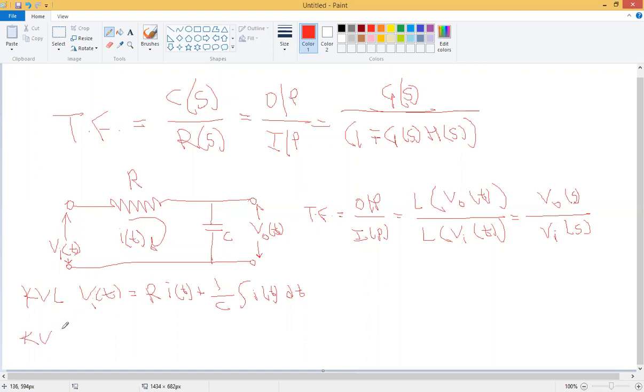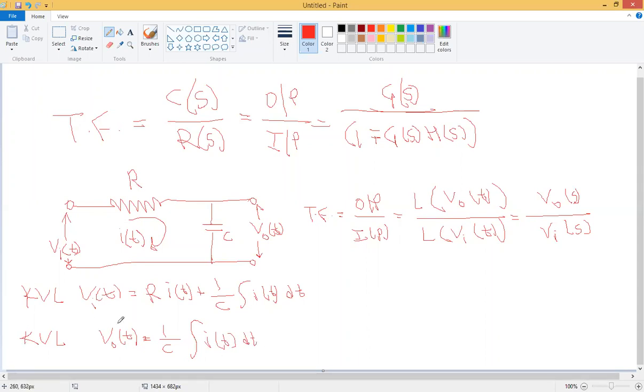When you apply KVL at the output side, it becomes V of t is equal to 1 upon C integration of I of t dt. See, here in output only capacitance is there.